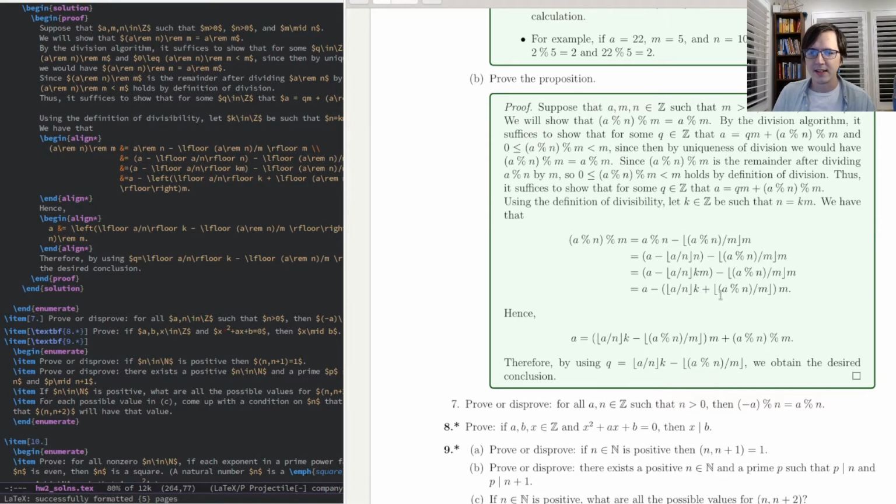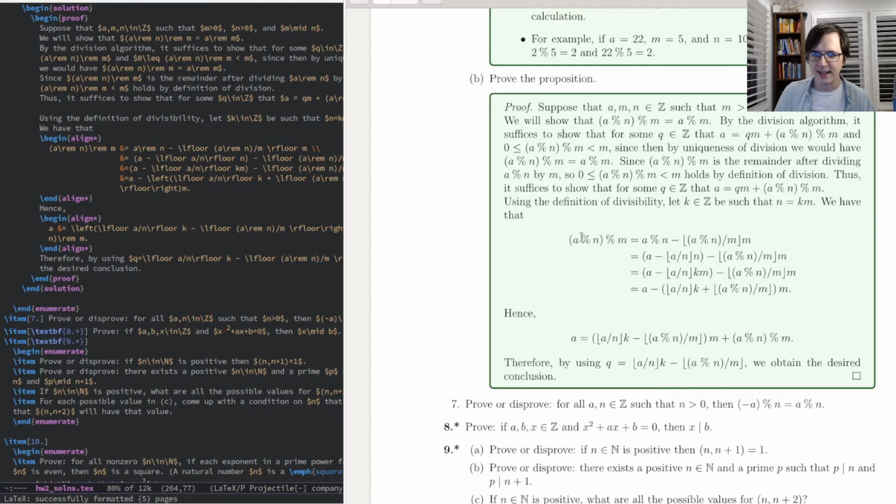This sort of manipulation is a nice one for now that we're doing modular arithmetic. You might be able to notice that what we're doing is sloughing off these multiples of m, and we disregard those when we do things modulo m. But when we don't have congruence, like right here, we need to keep track of all the things we've sloughed off.